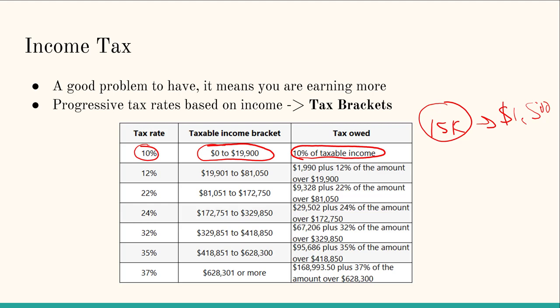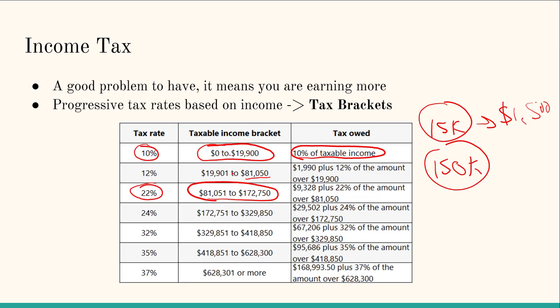Okay. So now let's do another example. Let's say I make 150,000. Okay. So now we look in the income tax bracket. So it's not in here. It's not in here because I'm making more than the max here. So it's gonna fall into this category here. Okay. So how do we calculate the tax? So we're gonna be paying 22%.